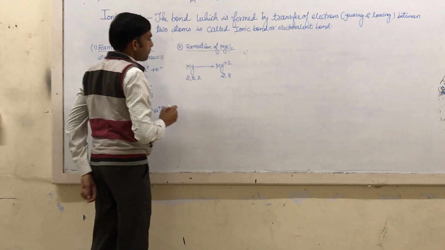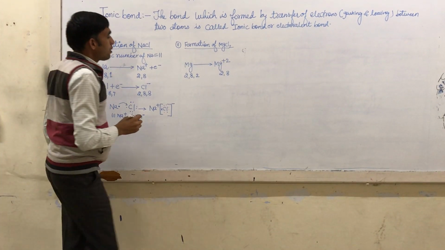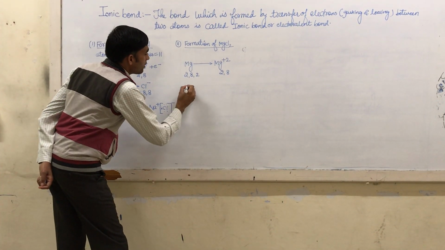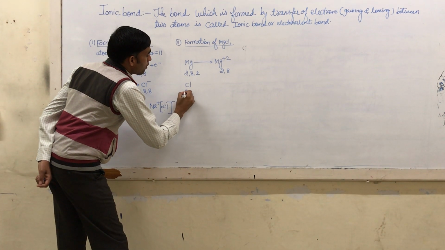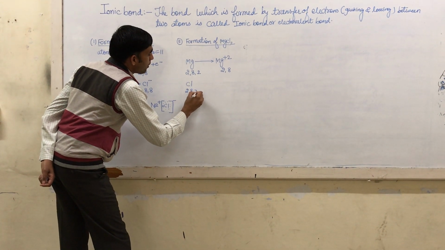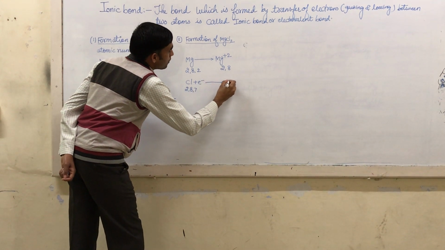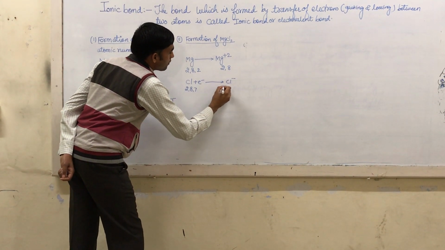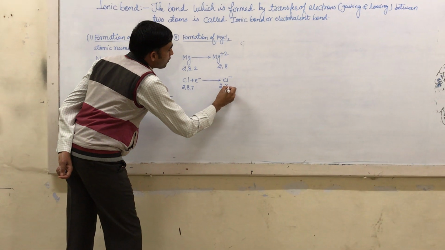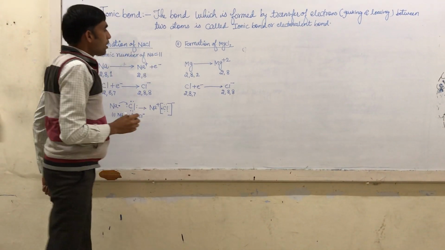The chloride ion is formed similarly as in the previous example: Cl 2, 8, 7, plus 1 electron, gives Cl minus 2, 8, 8.